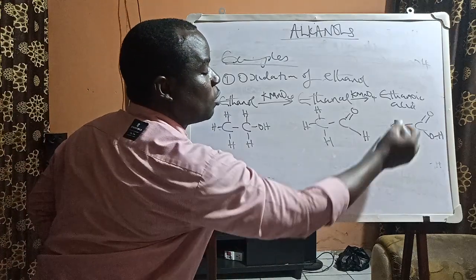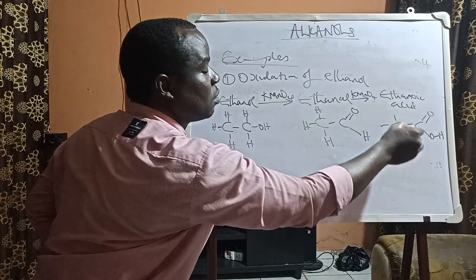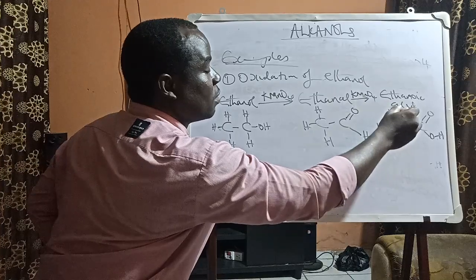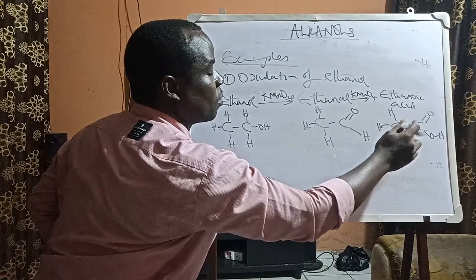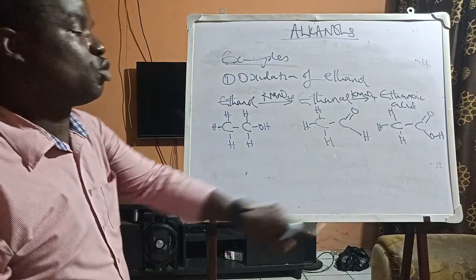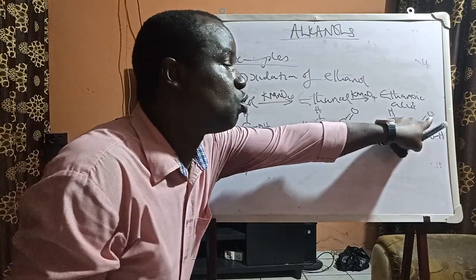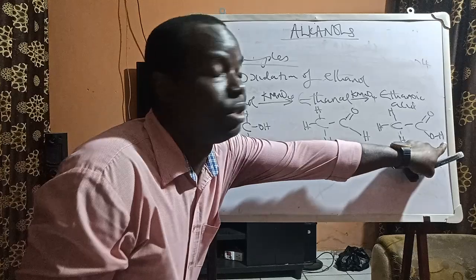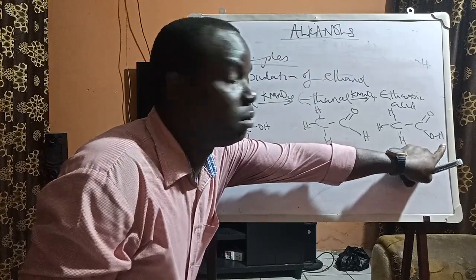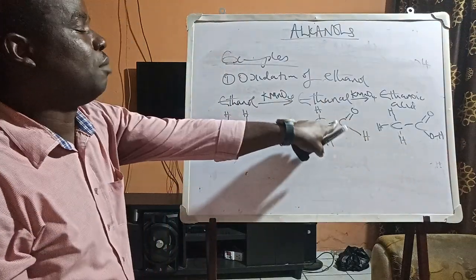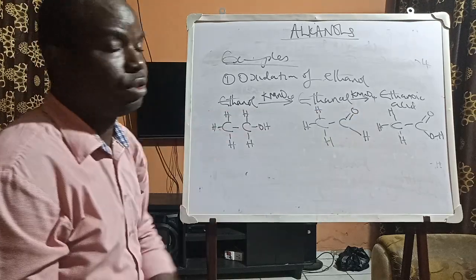This one has 1 carbon atom, so make it 4 by putting 3 hydrogen atoms there. This is the structure of ethanoic acid. Remember, oic means double bond O, single bond OH. Take note. Then al means double bond O and H.